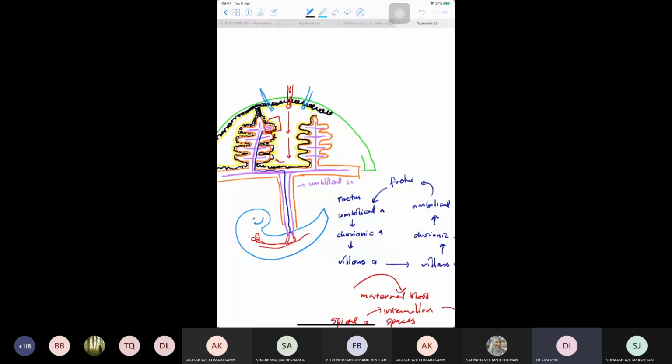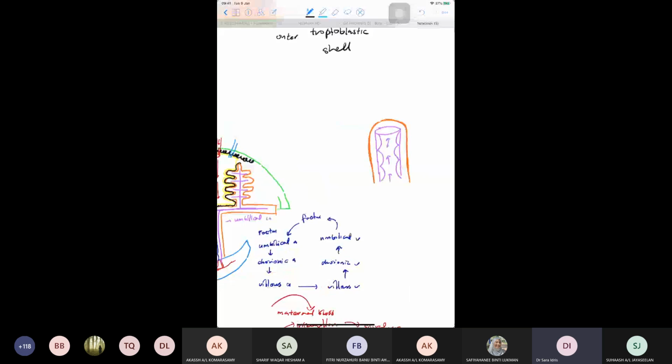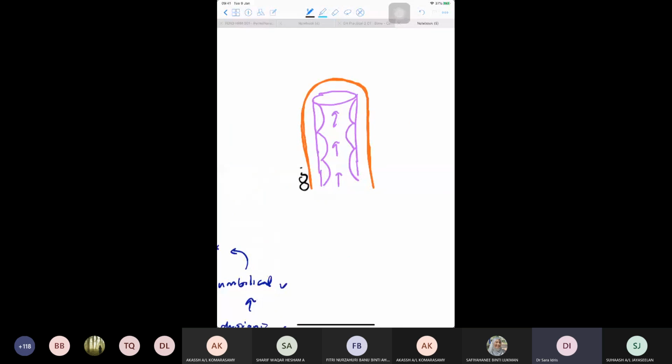You have the purple, and then you have the orange, black and yellow. Black would be your cytotrophoblasts, so the cytotrophoblasts will be surrounding the villus as well. And then surrounding the cytotrophoblasts will be the syncytiotrophoblasts.